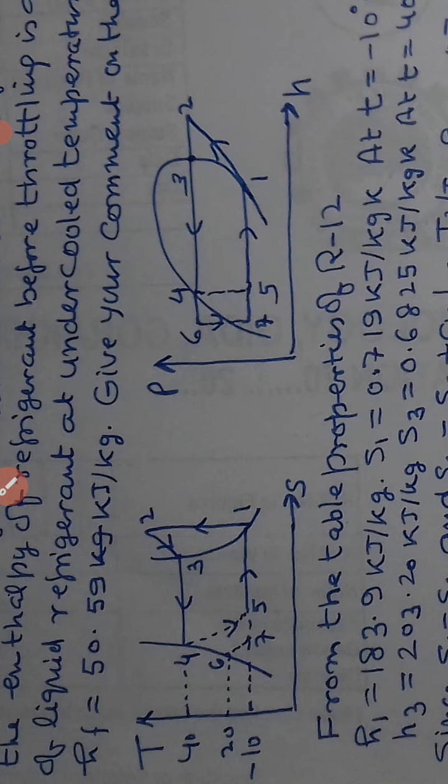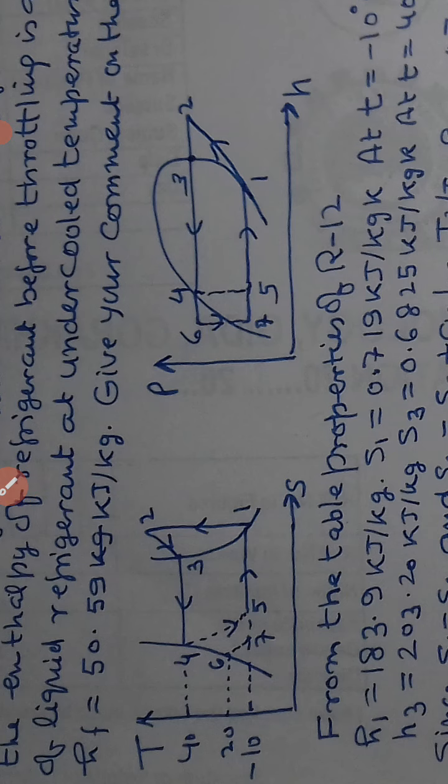Same thing we will be dealing with on the pH chart also. 1 to 2 is the compression process, 2 to 3 desuperheating, 3 to 4 condensation, 4 to 5 constant enthalpy process inside the expansion valve, and 5 to 1 is the evaporator process.